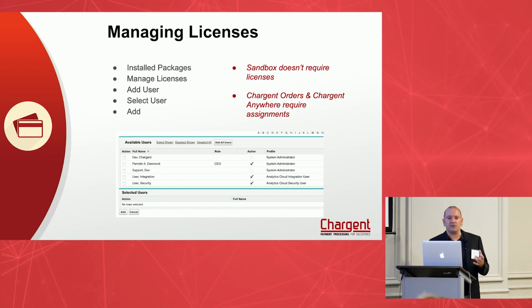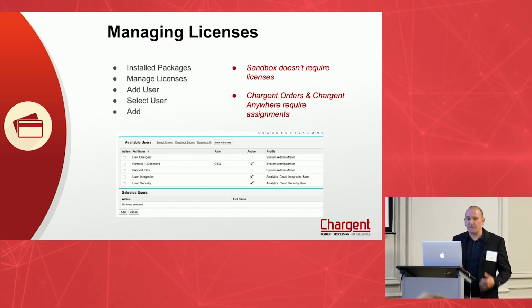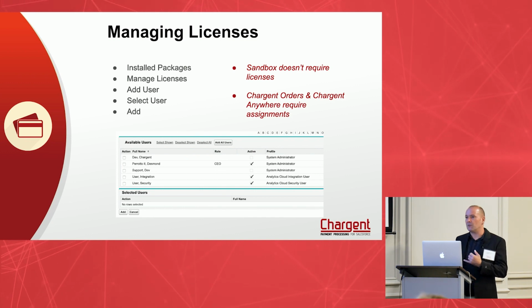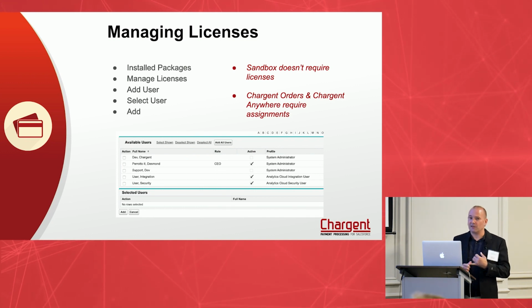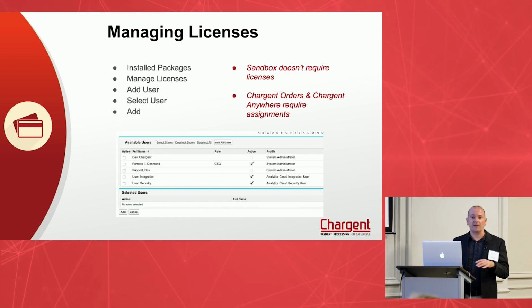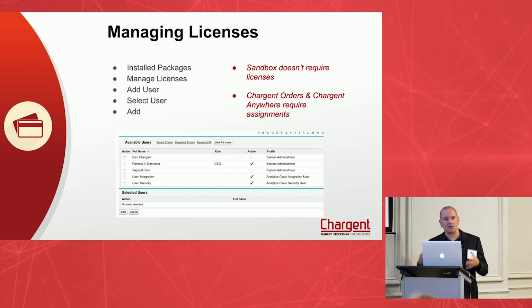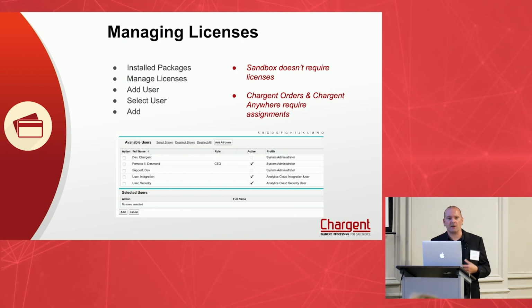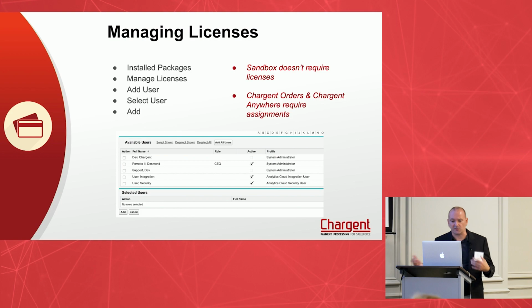It's pretty easy. You just click on Add Users, select the users you want to add, and add them that way. The one thing I want to mention is that if you're in a sandbox instance, it's not going to require licenses to be managed. So if you're set up with a sandbox right now, you're not going to see these, only because we want you to be able to test Chargent thoroughly in a sandbox without actually assigning those licenses to your users.